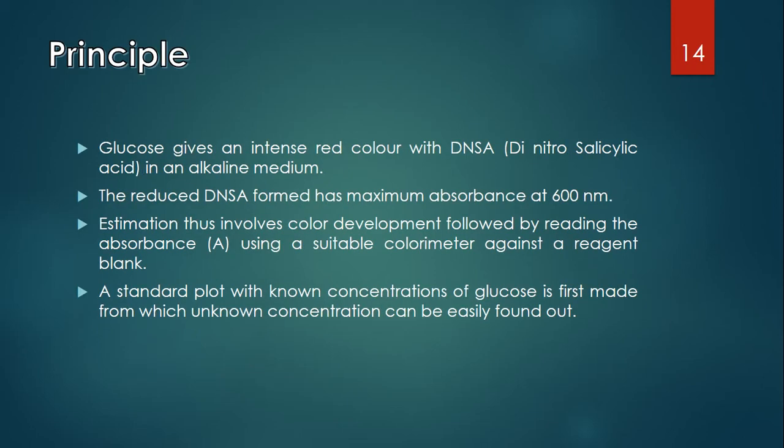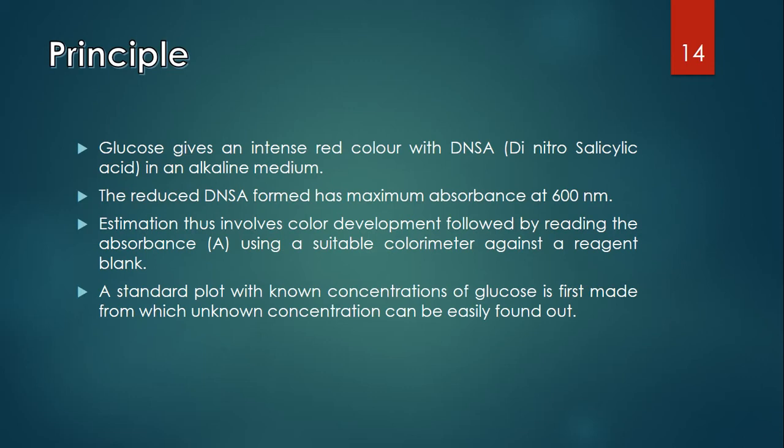Let us see the principle. Now we know glucose is colorless. So you may wonder how we can determine it with colorimetry. For that we need to convert the glucose into the colored solution. For this we are using DNSA because glucose gives an intense red color with DNSA, that is dinitrosalicylic acid, in an alkaline medium.